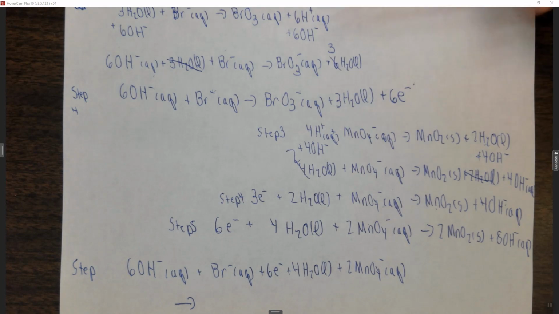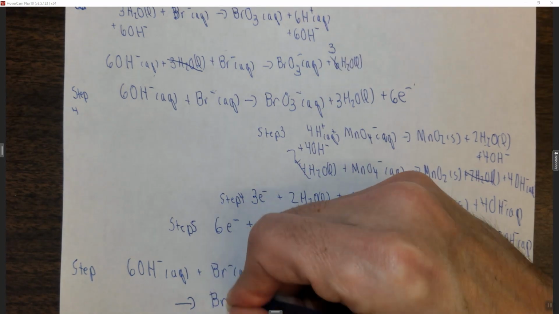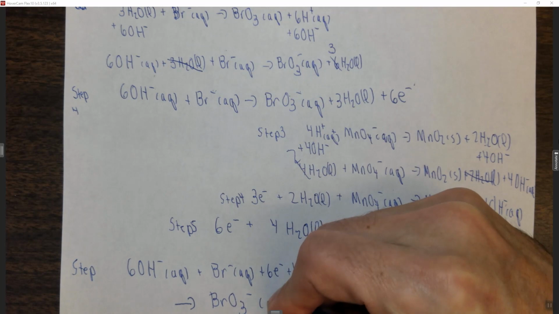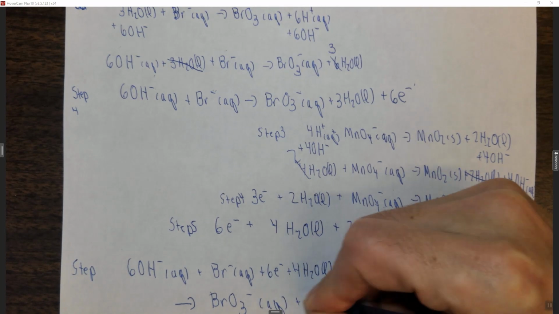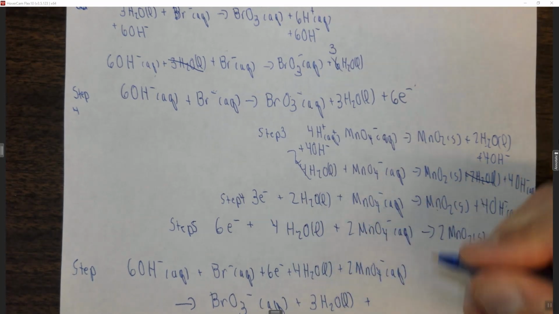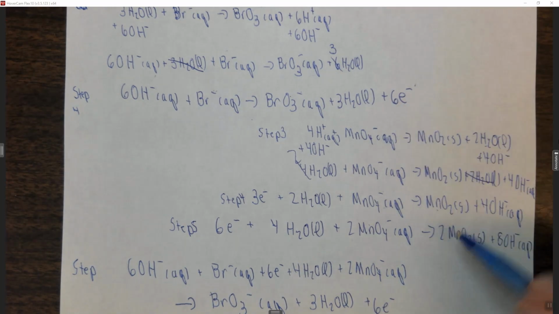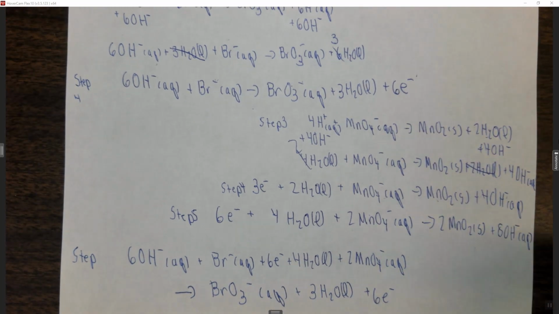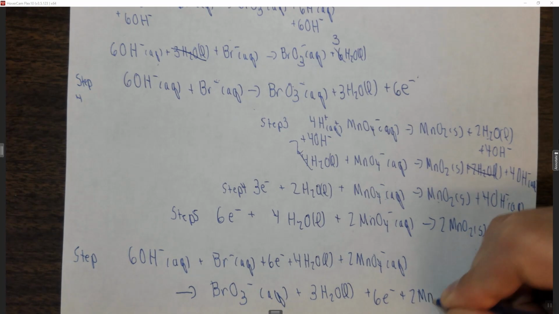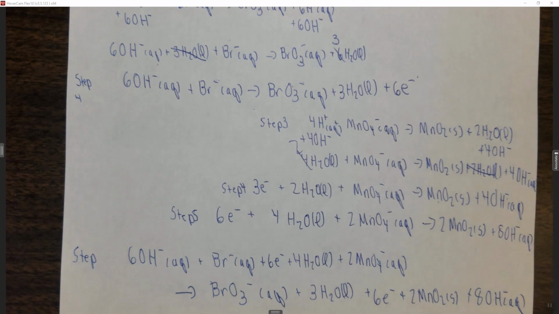I'm going to put the products on the bottom. All the products, BrO3 minus aqueous plus 3 H2O liquid plus 6 e minus, so I just wrote all these products. Now I'm going to write all the products for this one, plus 2 MnO2 solid plus 8 OH minus aqueous.